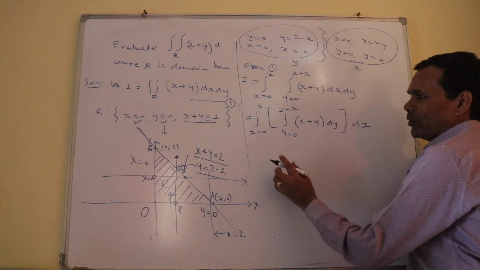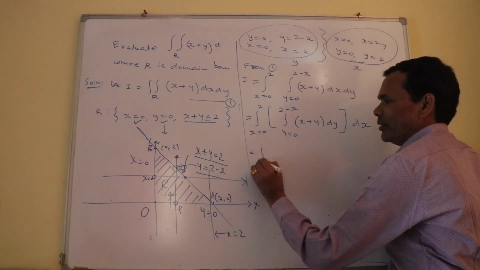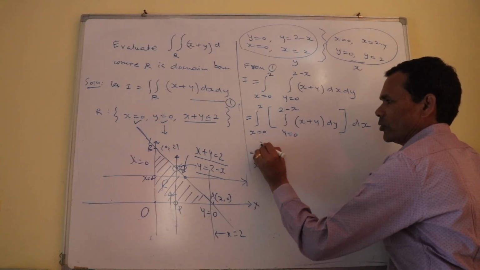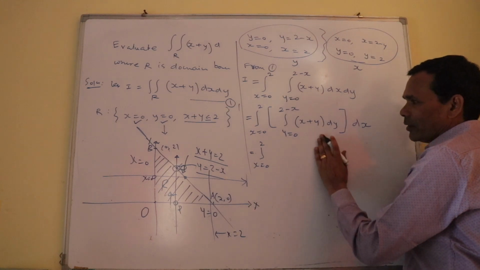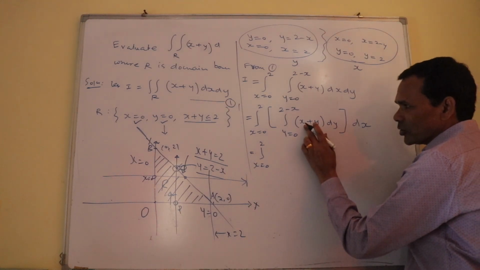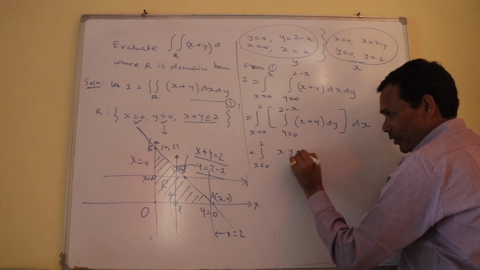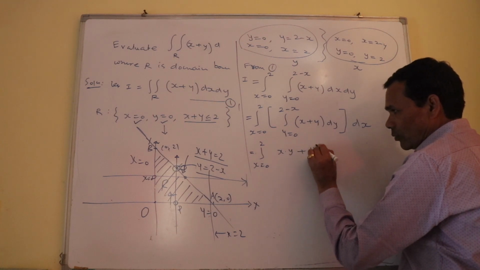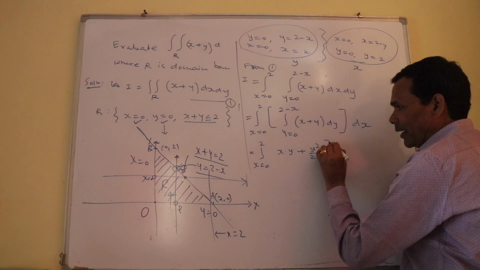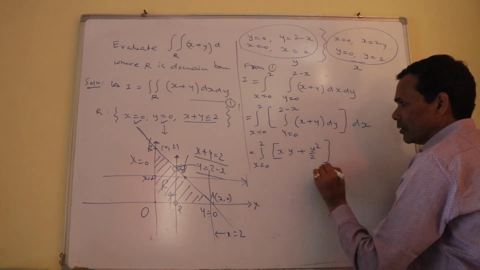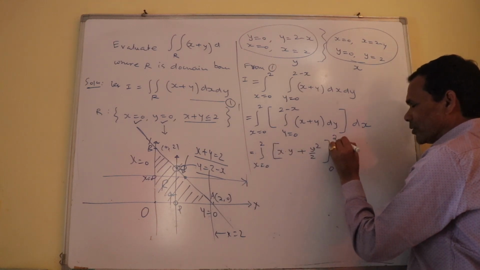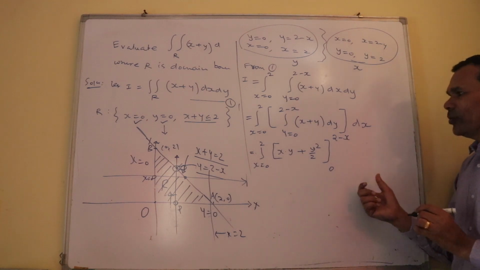So with respect to y first, keeping x as a constant. So x into y, the integration of y is y square by 2, and limits applied from 0 to 2 minus x.